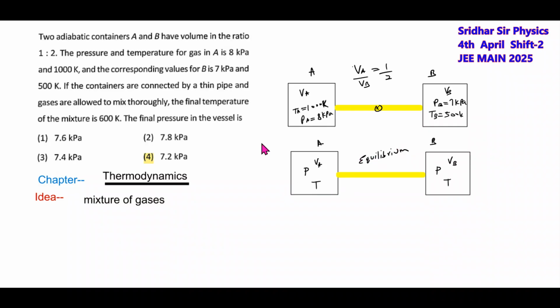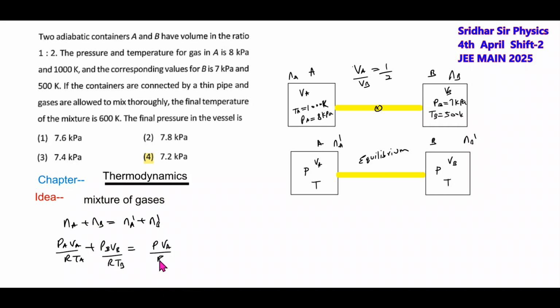At equilibrium, the number of moles has to be conserved. So the number of moles Na, Nb becomes Na dash, Nb dash. Na plus Nb equal to Na dash plus Nb dash. Na will be PA VA by R TA, plus PB VB by R TB. Na dash will be P VA by R T, plus P VB by R T. It's asking for the final pressure. R will get cancelled out.